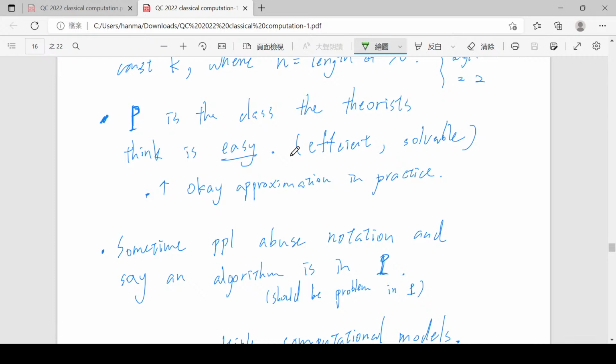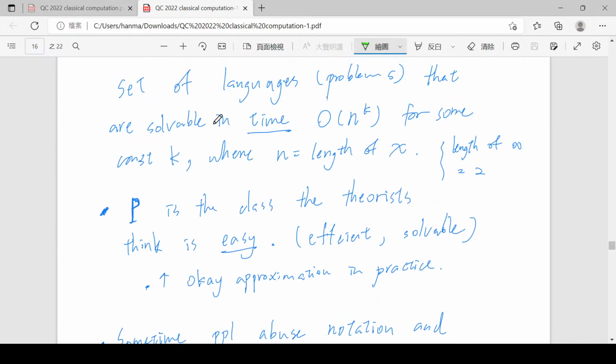As a disclaimer, say n to the k, where k is a constant, and you have some problem that needs to be solved in time n to the 10,000.